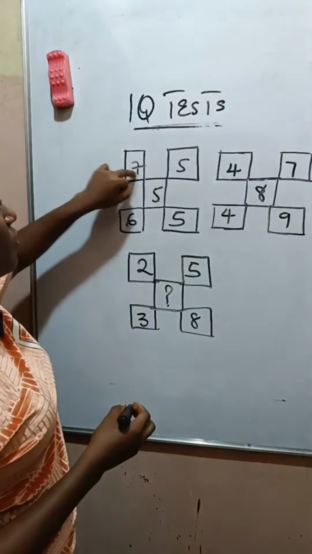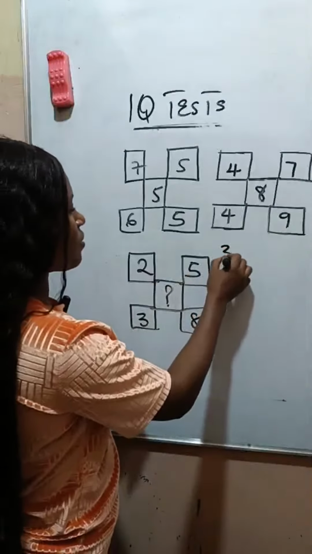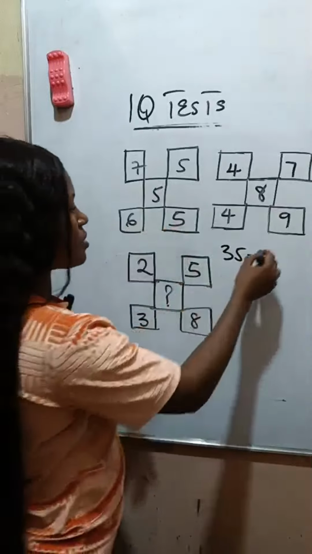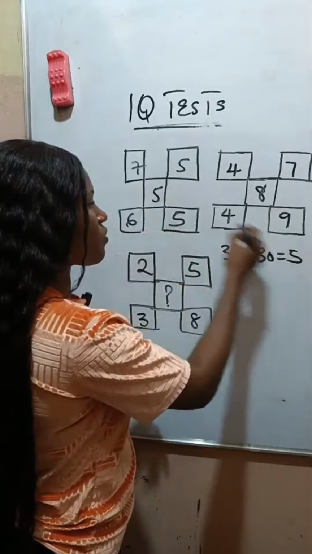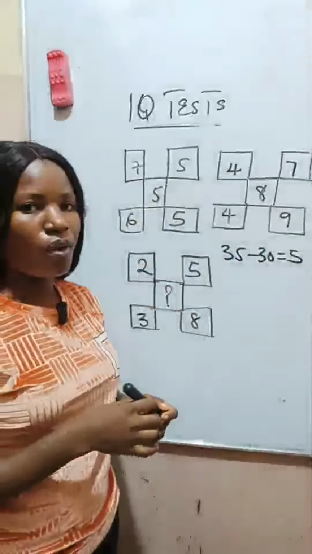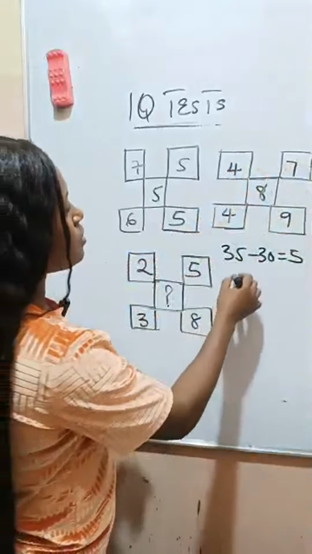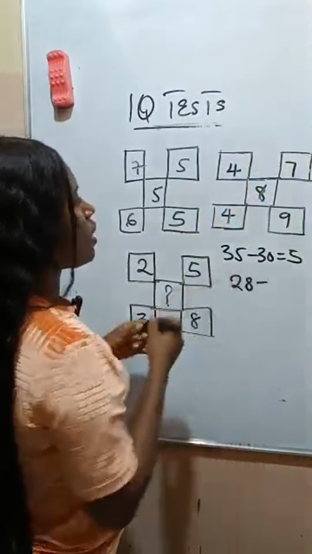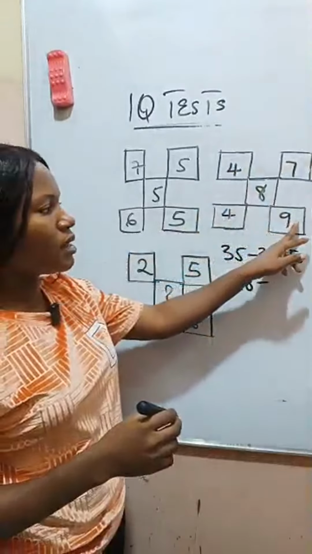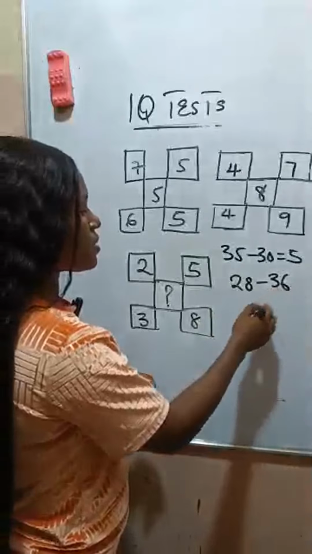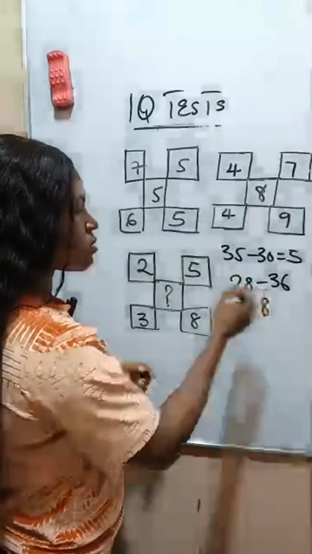Now, if you say 7 times 5, you get 35, minus 6 times 5, you get 30. And this will give us 5, which is what is in the middle. Okay? So if you say 4 times 7, you get 28. If you say 4 times 9, you get 36. 28 minus 36 will give you minus 8, right?